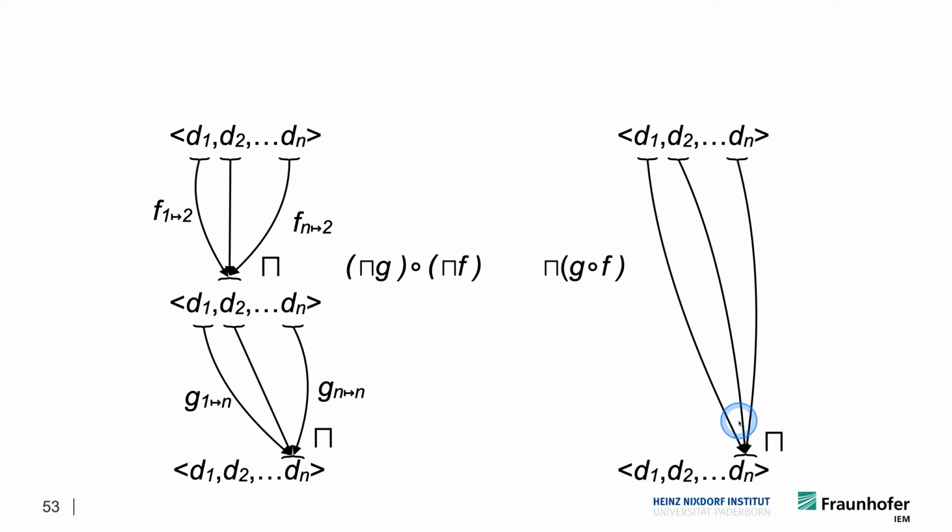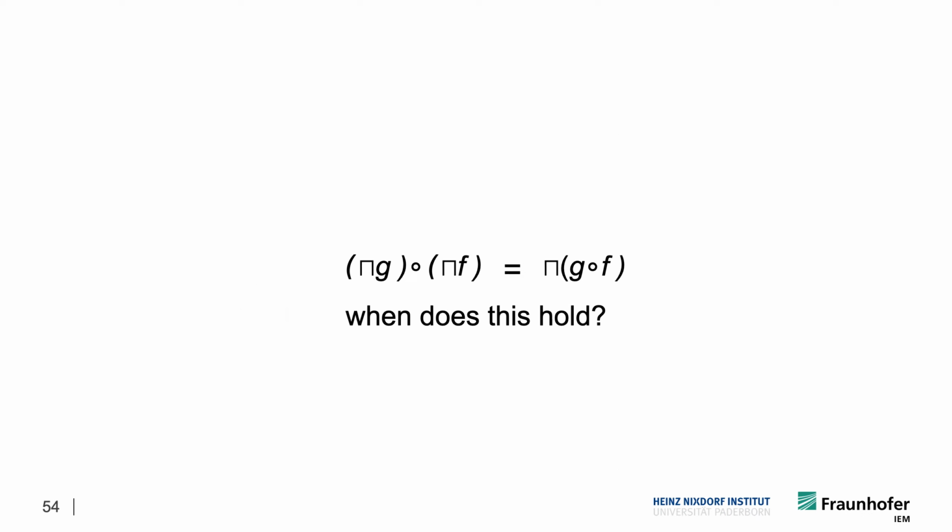So the question is now, when is that an exact representation of this here? When do these two equal? Well, we have seen that before, right? When does this hold? You hopefully remember it holds if and only if f and g are distributive over the merge operator, right? If they distribute over that operator.